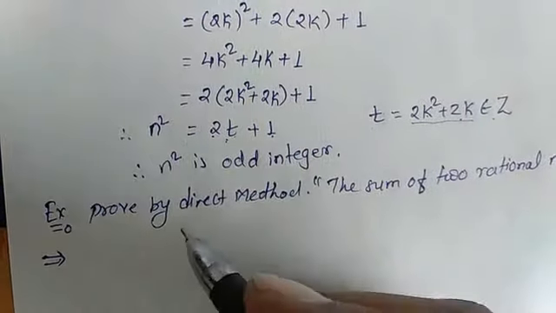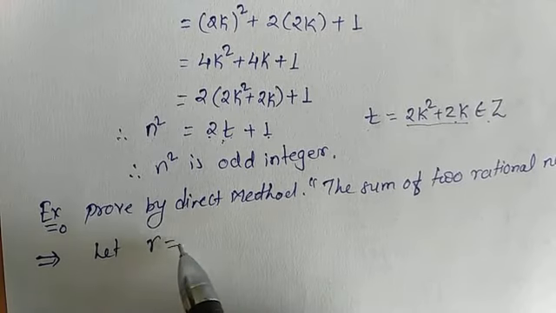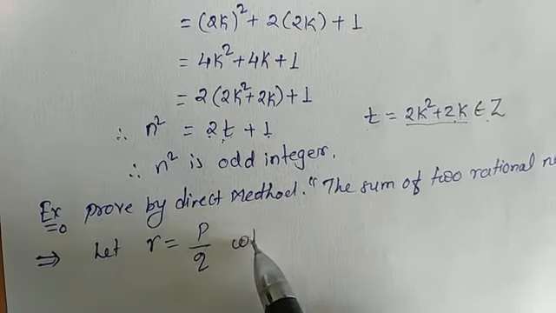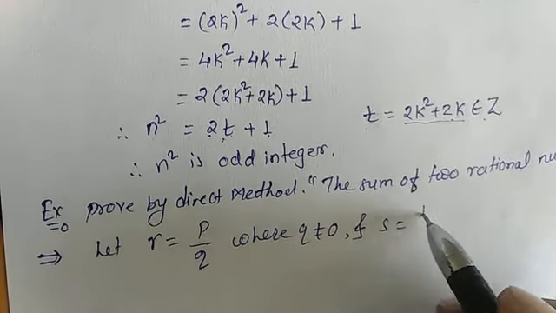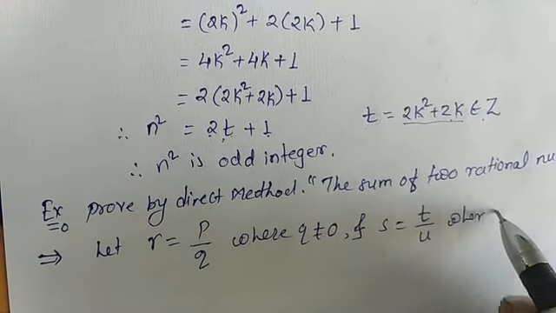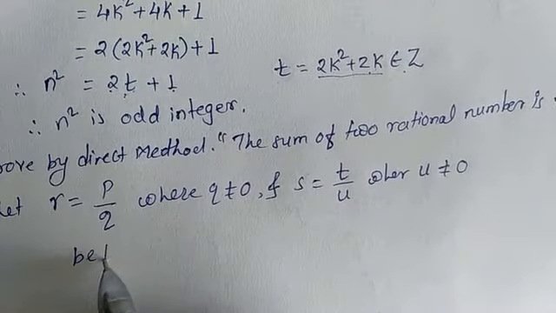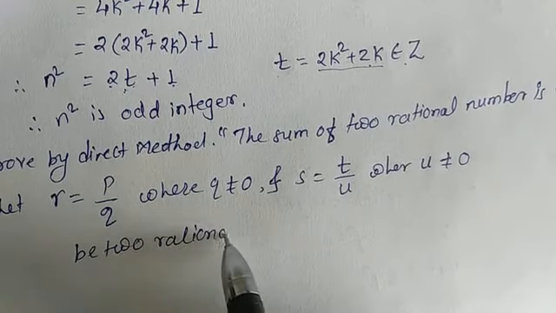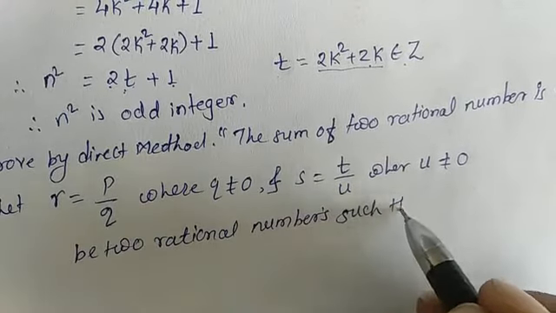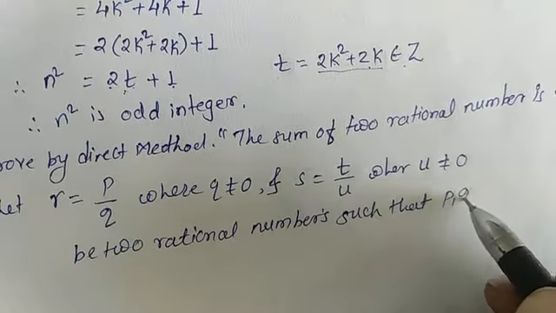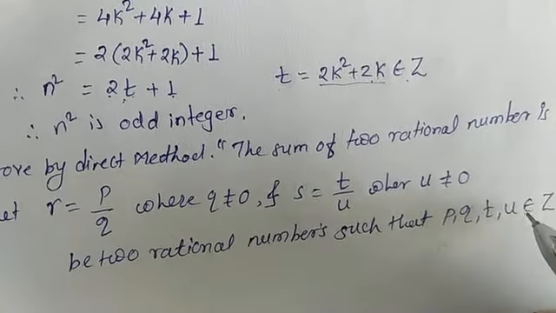Let us consider R is equal to P upon Q, where Q is not equal to 0, and S is equal to T upon U, where U is not equal to 0, be two rational numbers, such that P, Q, T, U belong to Z. Okay, these should all be integers.